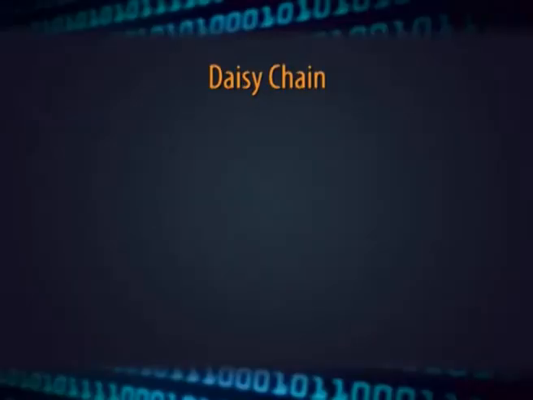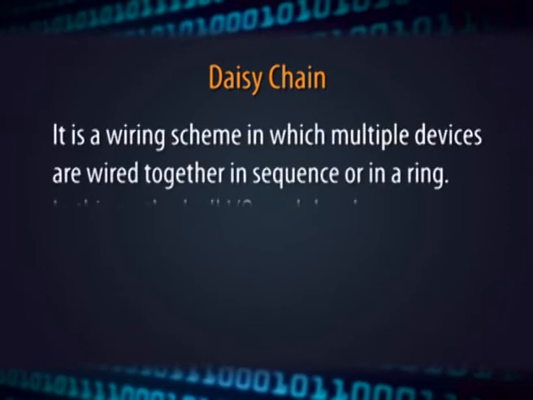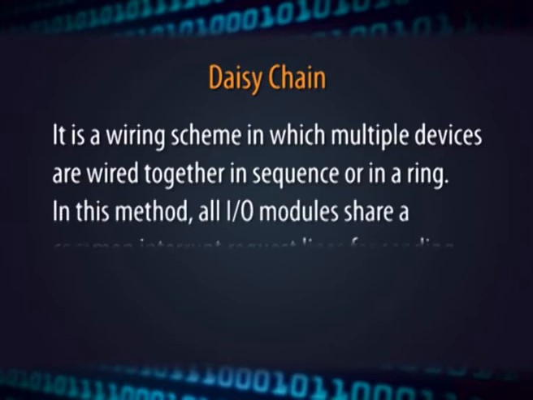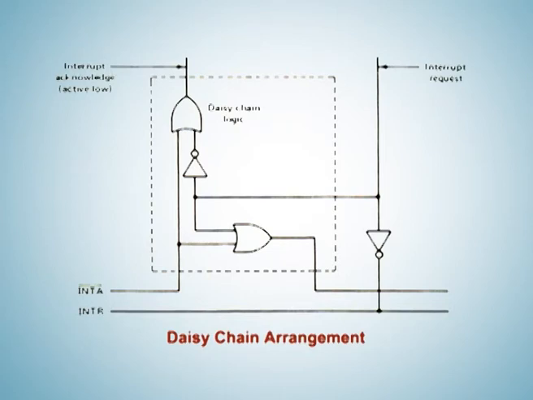The next design technique is daisy chaining. It is a wiring scheme in which multiple devices are wired together in a sequence or in a ring. In this method, all I/O modules share a common interrupt request line for sending interrupts to the CPU. However, the interrupt acknowledge line is connected in a daisy chain, and the CPU sends out an interrupt acknowledge.